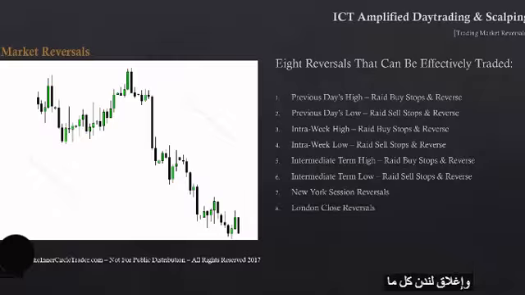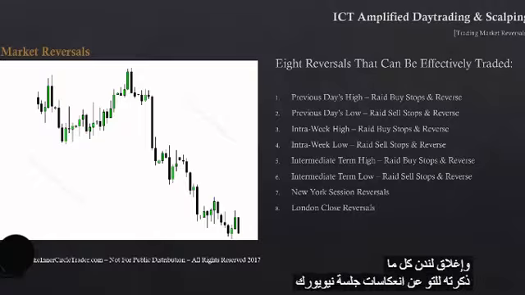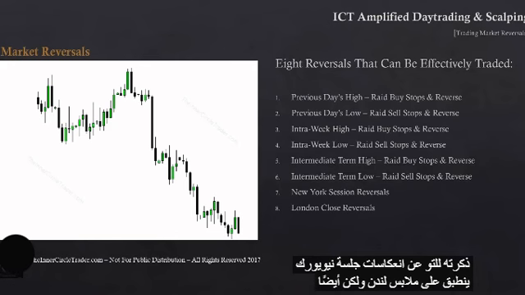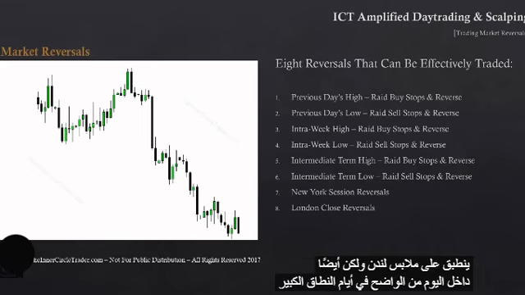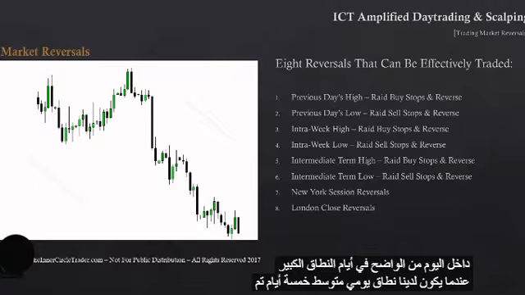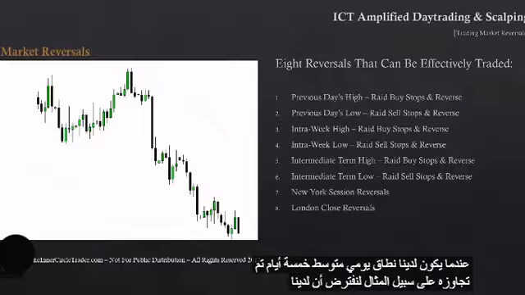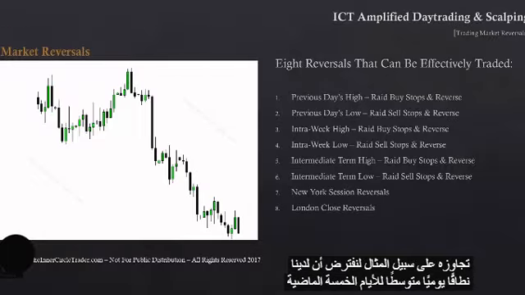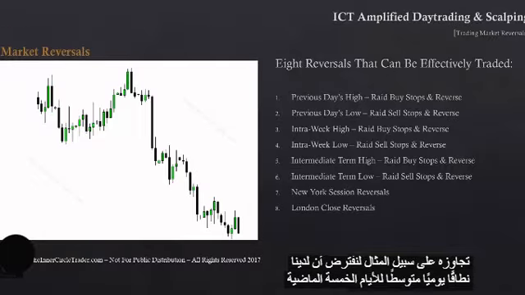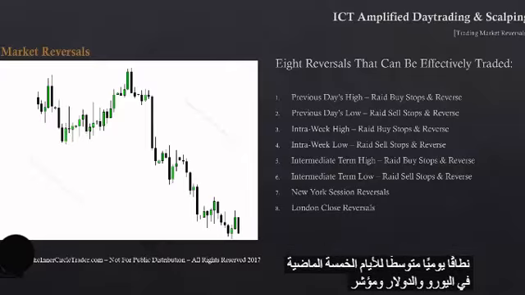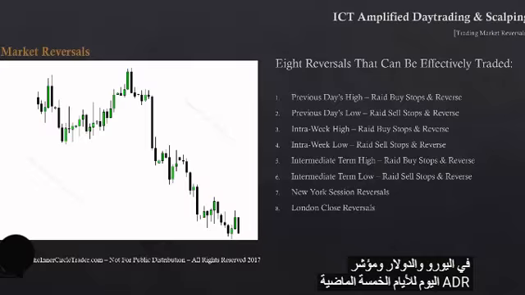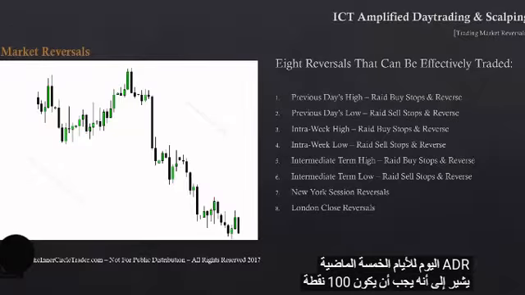And the London close. Everything I just mentioned for New York session reversals applies to London close, but also intraday, obviously on large range days when we have a 5-day average daily range that's exceeded. For instance, say we have an average daily range for the last 5 days in the euro dollar, and today's ADR for the last 5 days is indicating that it should be 100 pips.